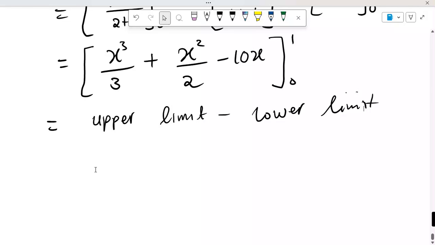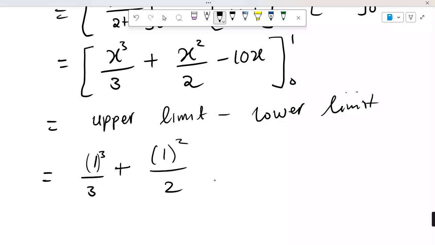Now everywhere where there is x, we'll put what? 1. This is our upper limit. So you have 1 to the power 3 over 3 plus 1 squared over 2 minus 10 times 1.